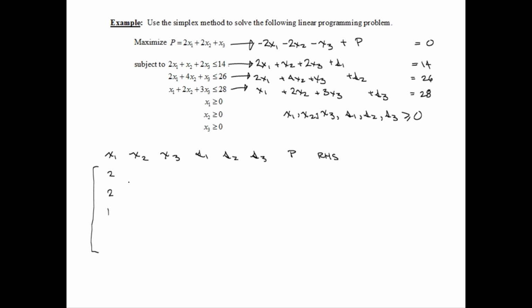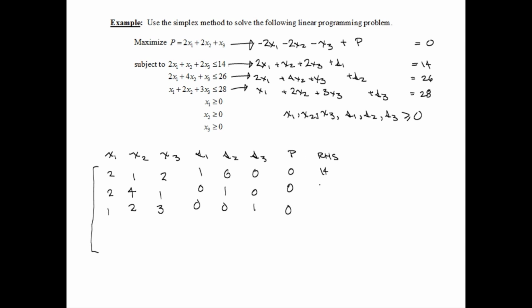These are my constraints. So for x2 I have 1, 4, 2, x3, 2, 1, 3, s1, and in my constraints I don't have any p's.